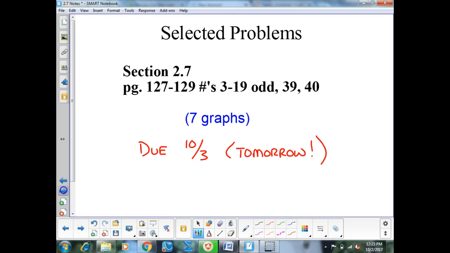So that one's due tomorrow. I think I gave you guys graph paper on Thursday, right? Yes, I did.